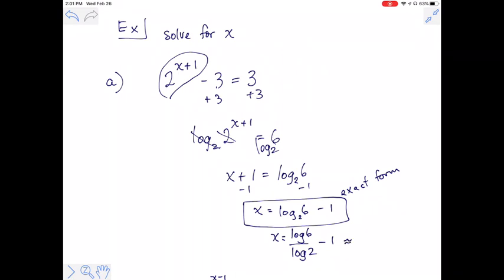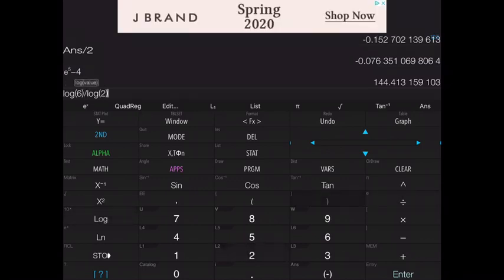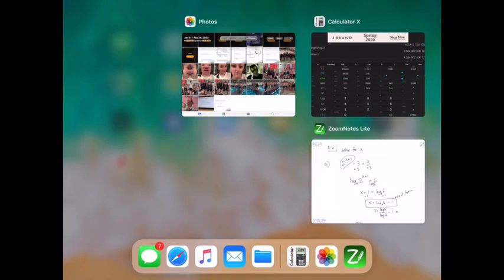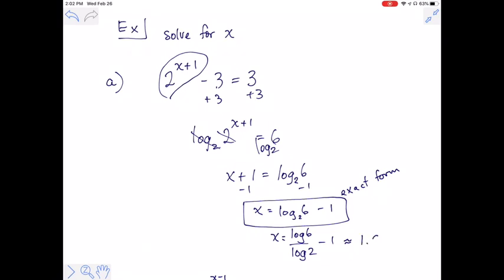And then on a calculator, if we did log 6 divided by log 2, and then subtract 1 from that, we're going to get 1.58. So this would be the approximation, 1.58.